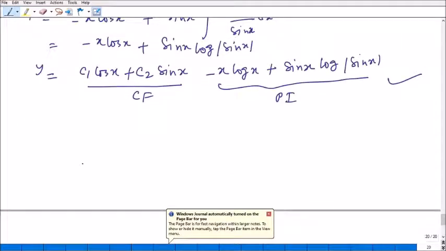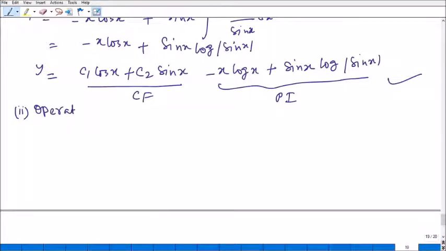So now we will discuss the operator method of solving the particular solution of a non-homogeneous differential equation.